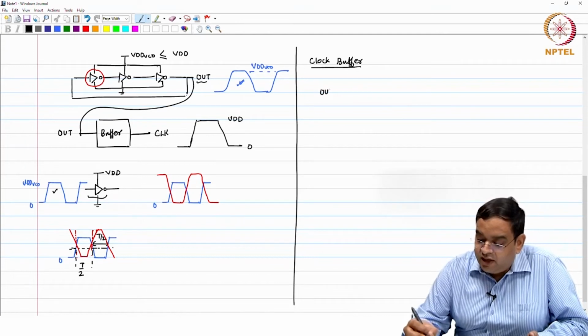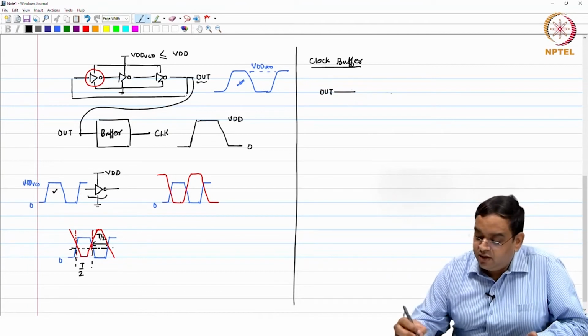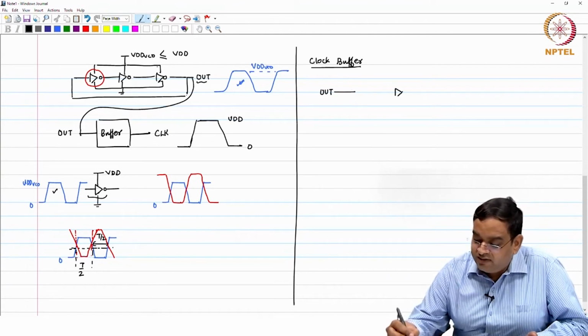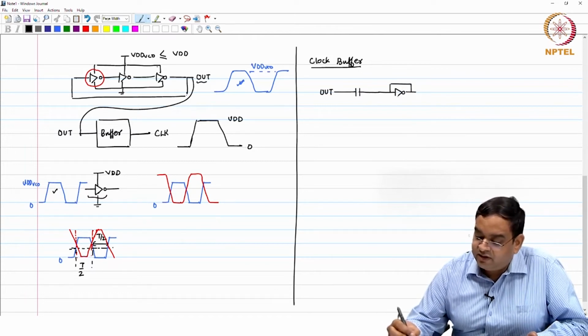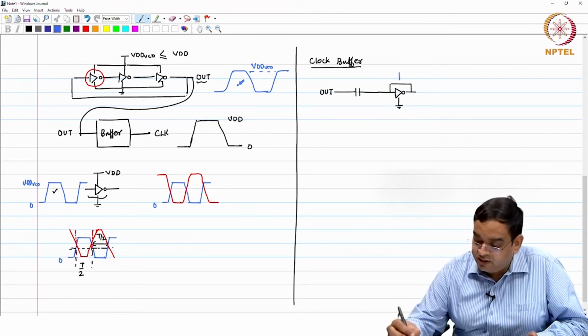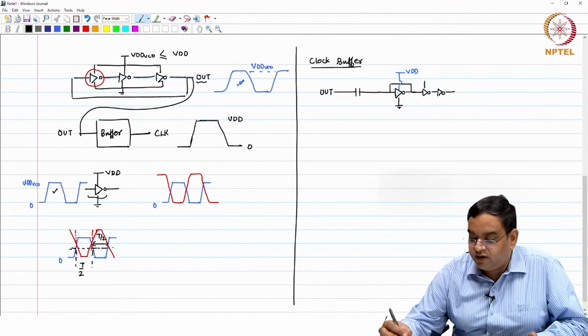So, let us say you are getting the output from your oscillator and you are going to AC couple that output of the oscillator to an inverter which is self biased. If it is a self biased inverter, and this is grounded, you are going to connect this to the supply VDD, and then it follows regular inverters connected to VDD.